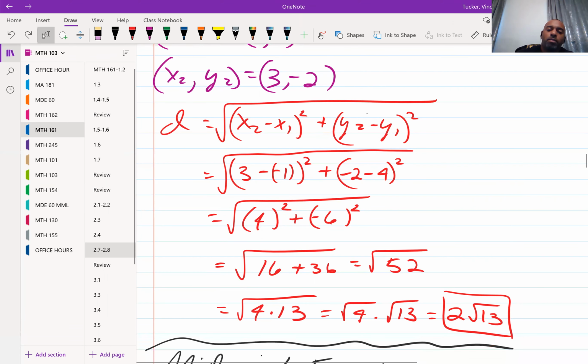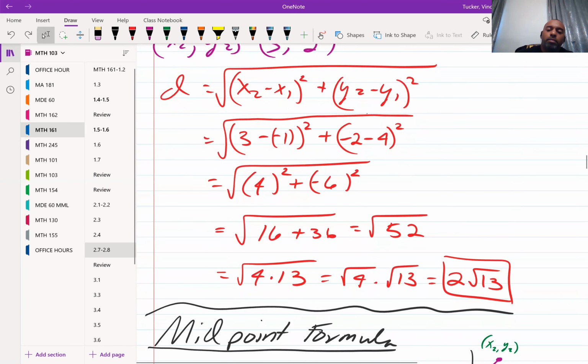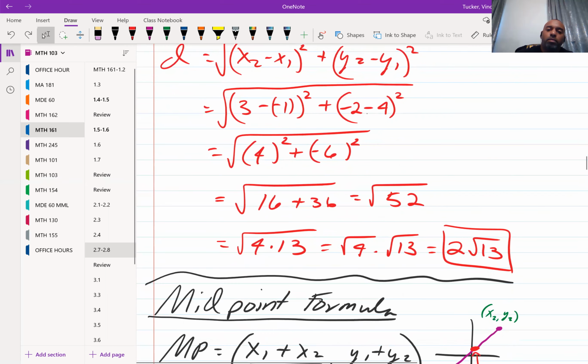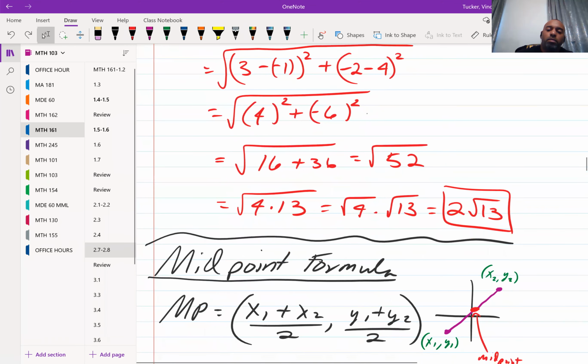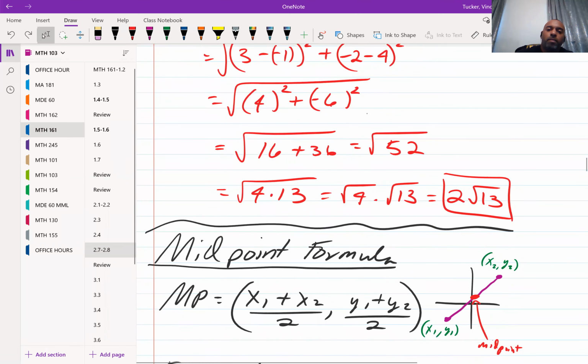And scroll up. Okay, midpoint formula, the point that's in the middle of 2 points. So this is actually a point, not just a solid number. So we're talking about the coordinates of the point that is between the 2 points that we're looking at.